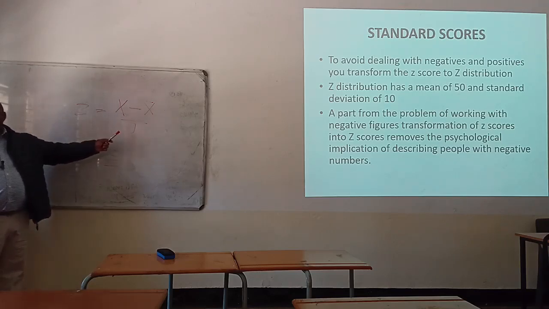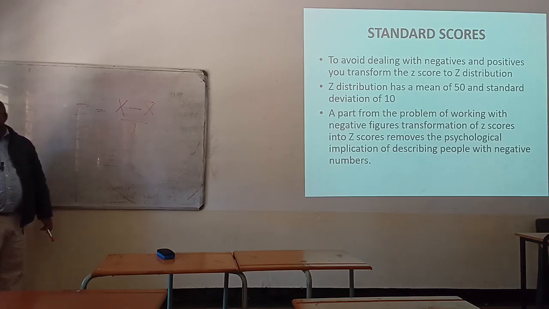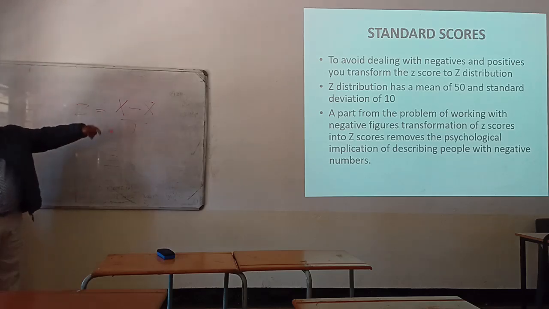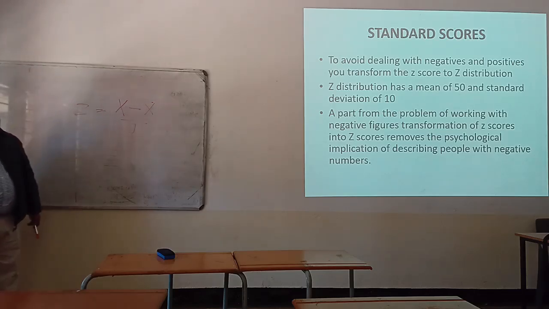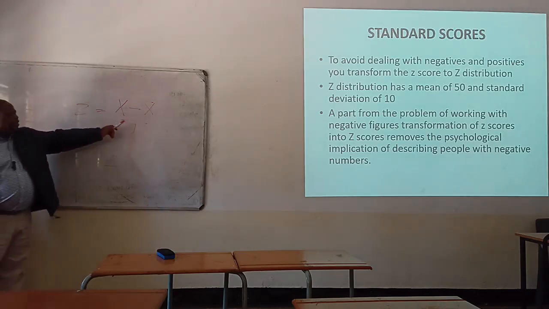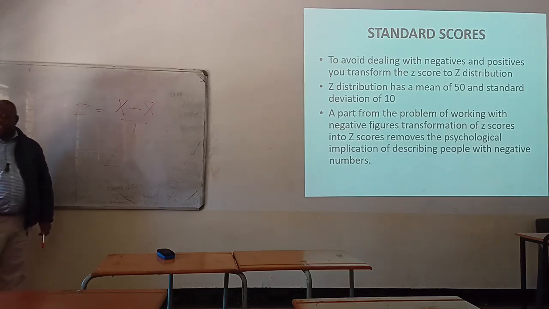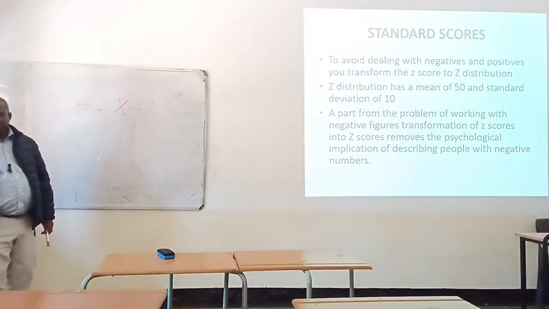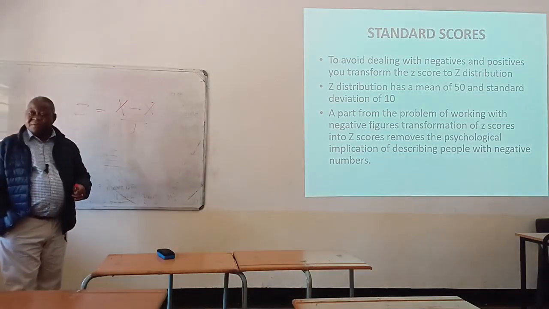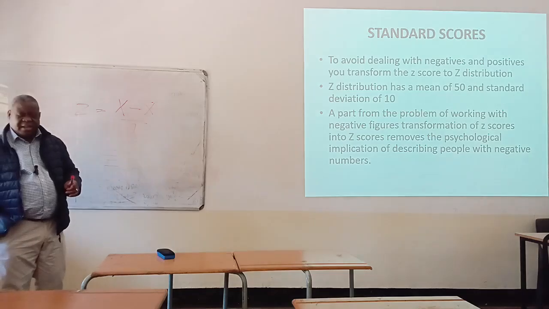So 50 minus 60 is -10 divided by, let's say, the standard deviation of 10. So this person is described as a -1, and that's why another formula was computed, where you added 10 into all the measures so that you remove the characteristic of describing somebody with negative figures.